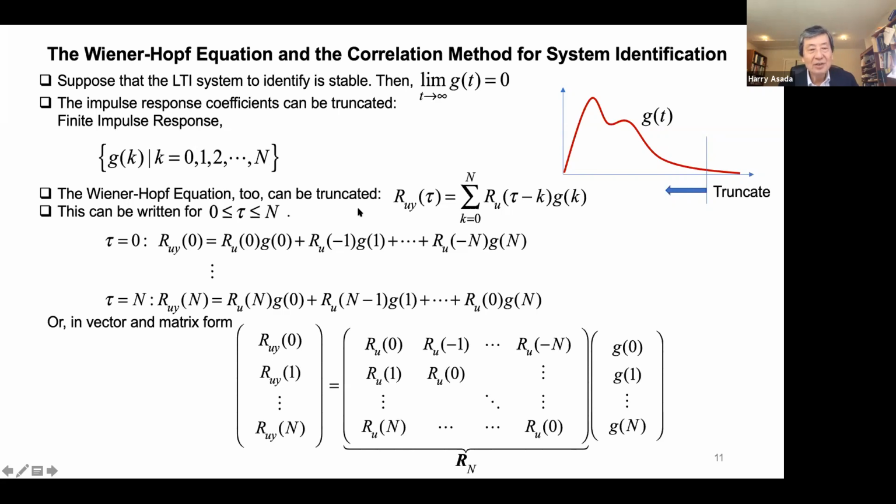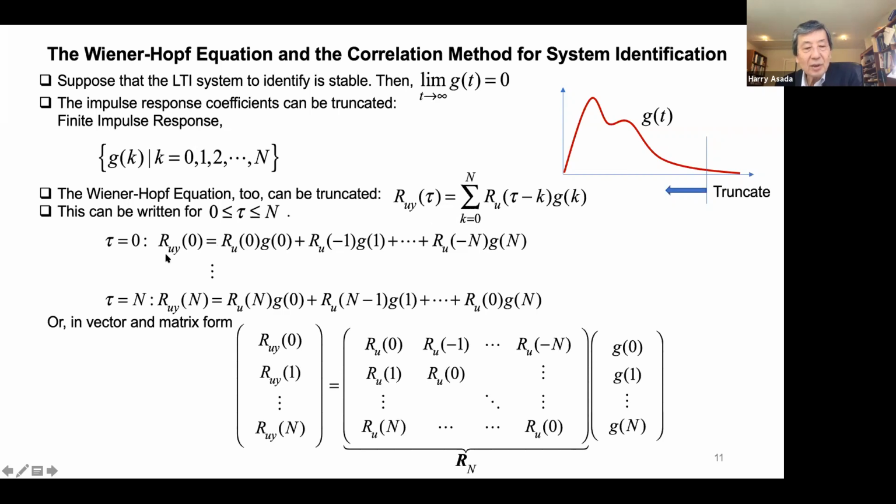In the previous equation, you set G_k, where k is more than N, to 0, and then you get this expression. The same thing. So let's write this out.